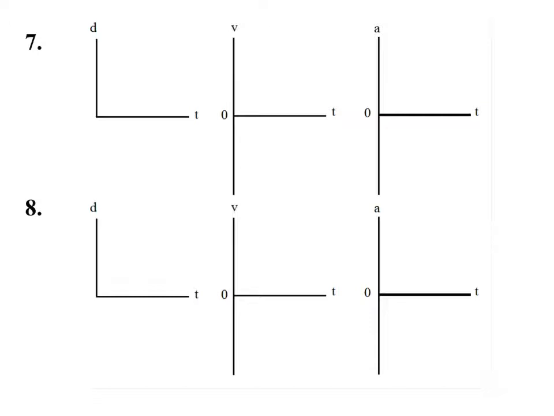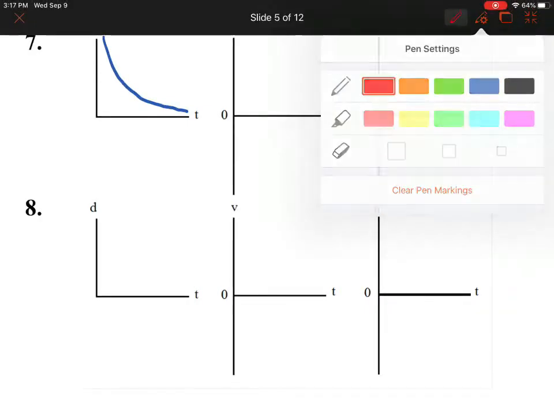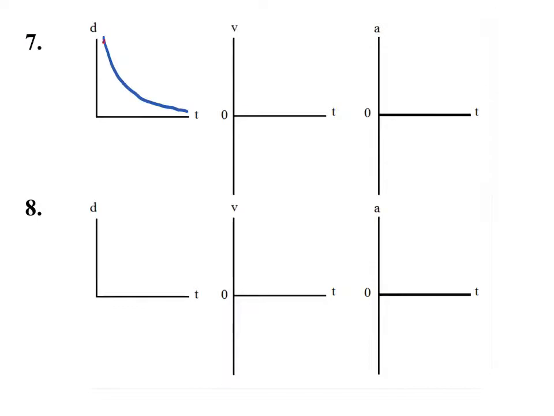Okay, 2 more scenarios. So what if my displacement time graph looks something like that? What do you think that means? So again, let's look at our tangent line. At the beginning, the tangent line is really steep, and it's also negative. And at the end, my tangent line is getting close to being horizontal.